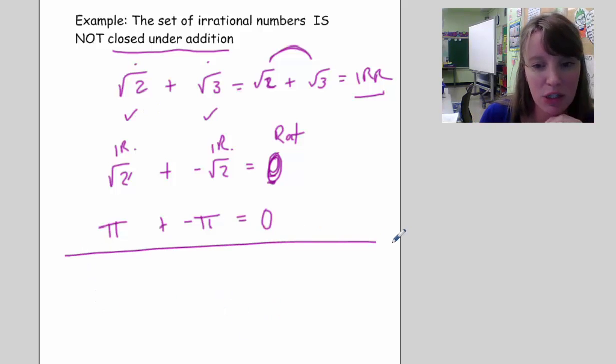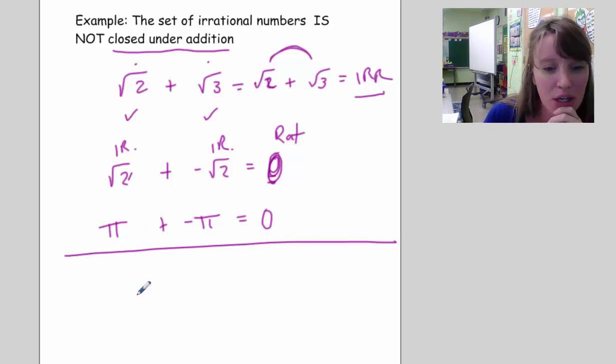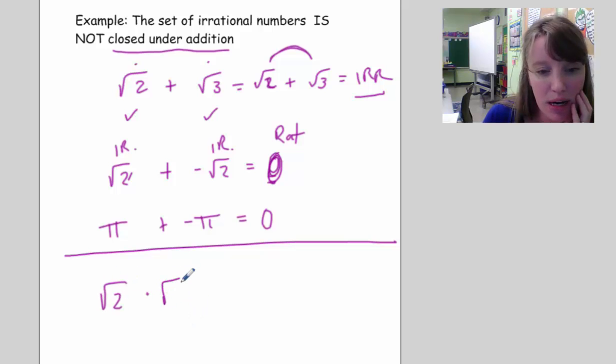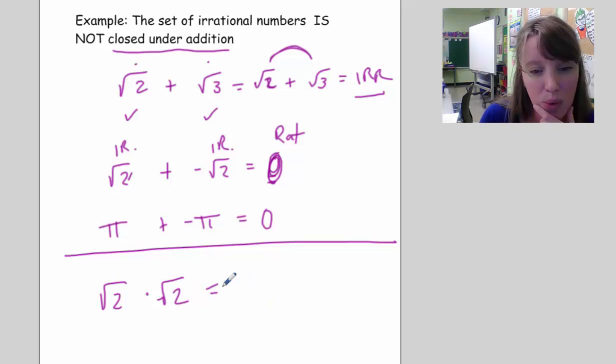Let's look at irrational numbers under multiplication. If I took an irrational number and another irrational number, what if we did the square root of 2 times the square root of 2? Well, that's going to be the square root of 2 squared, but isn't that just 2?